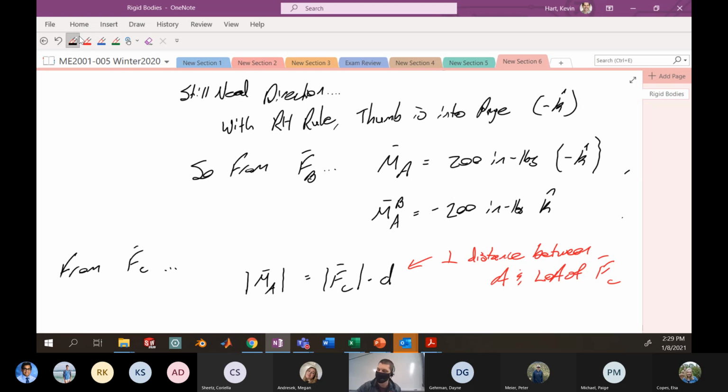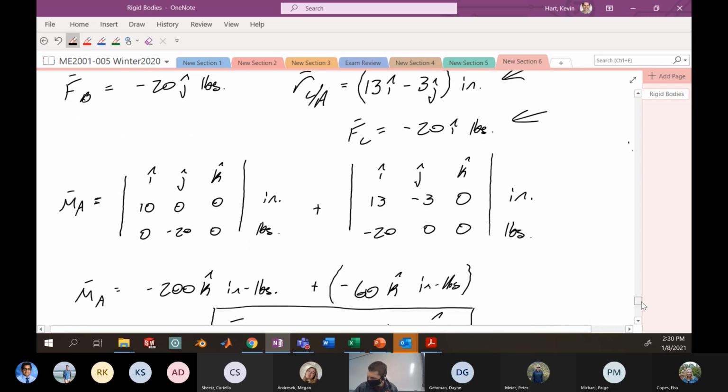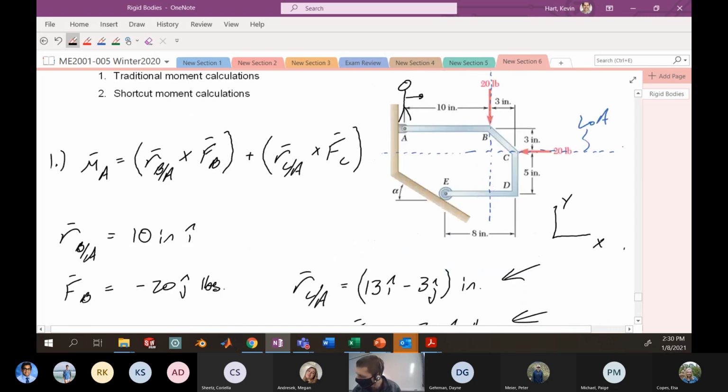All right. In this situation, that here is the force at C, 20 pounds, times the perpendicular distance between A and the line of action of C. If I go back up to my picture here, here's the line of action of the force at C. I sort of drew it already. The perpendicular distance between point A and the line of action at C is that distance there.